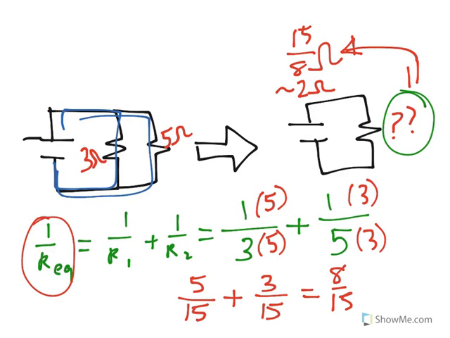A good way of thinking about how this is possible is by considering the metaphor of the different paths being like pipes, and there's a fixed amount of water traveling, so having more pathways in itself gives you less resistance. Now, this can be a little bit hard to grasp, because if you look at our initial R1 and R2, they're both higher than 2 ohms, so it might seem strange that when you combine them you get a lower value.